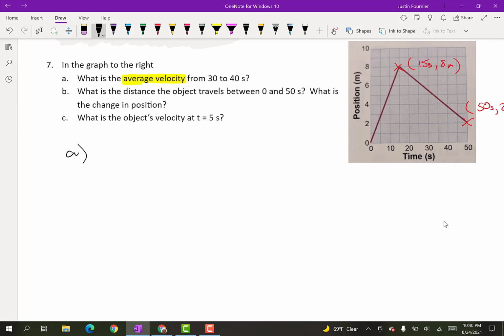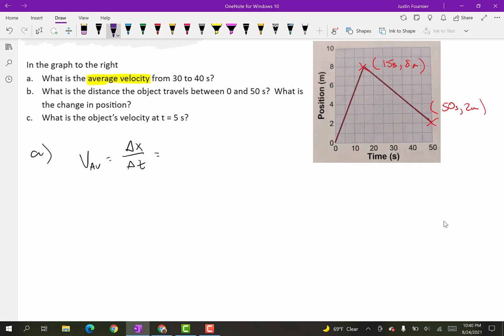So this is for part A. The average velocity is the displacement over the change of time, or the slope of this position versus time graph. So that's going to be 2 meters minus 8 meters divided by 50 seconds minus 15 seconds.